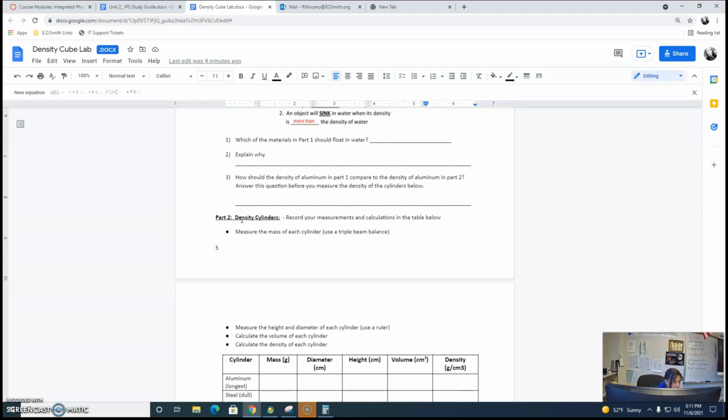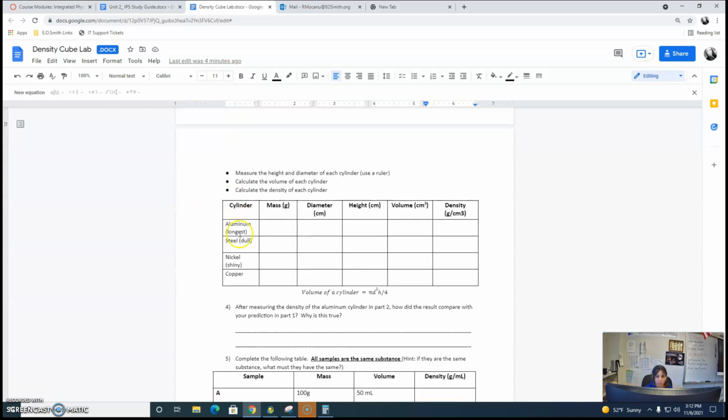The next part is now asking you to work with these cylinders. So let me show you, we got 4 different cylinders, okay? They're going to look like this. You're going to receive them, 1 packet per group. You're going to have the aluminum cylinder, which is the longest one right here. You're going to have your steel cylinder, your nickel cylinder, and your copper cylinder.